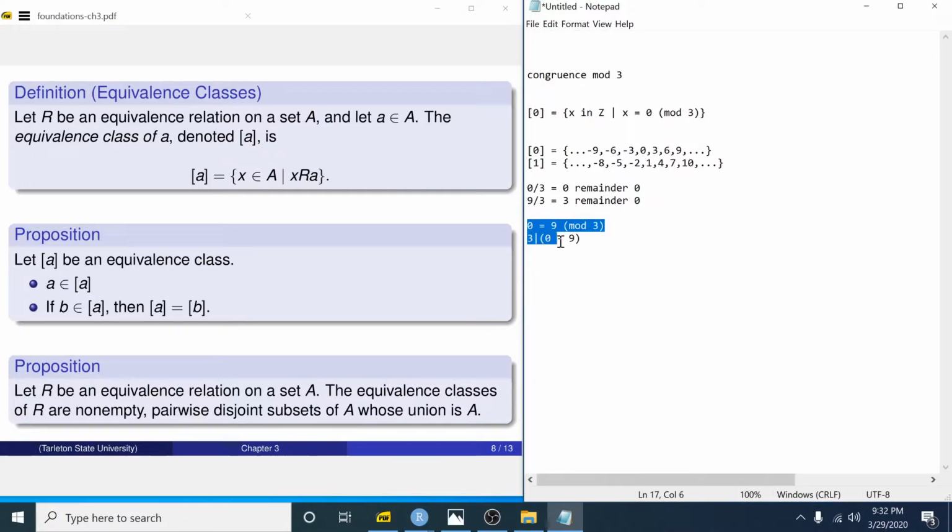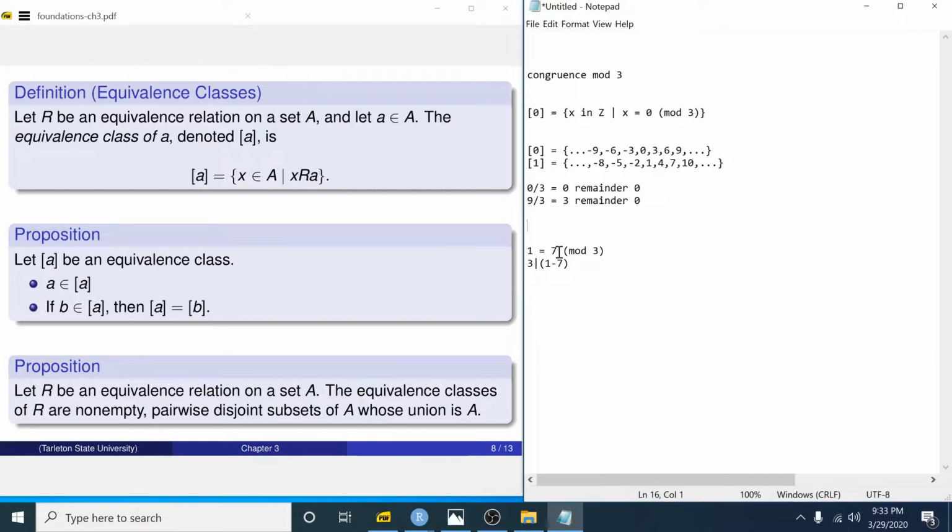And you know, I don't want to belabor this point too much, but just one more quick example. Someone might say, should 7 really be in here? And the answer is sure, it should be, because the question is, is 1 congruent to 7 mod 3? And the answer is that is true, because 3 does divide evenly into 1 minus 7, because 1 minus 7 is -6, and 3 divides evenly into that.